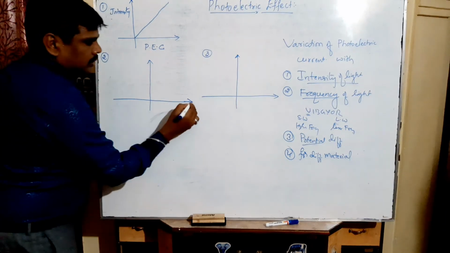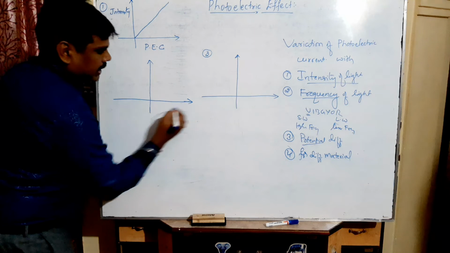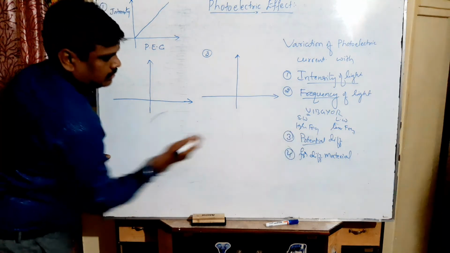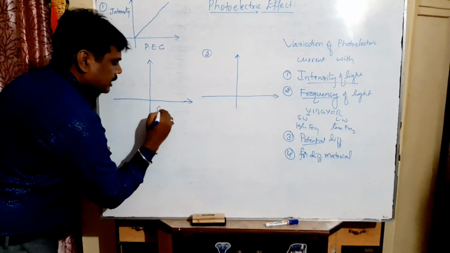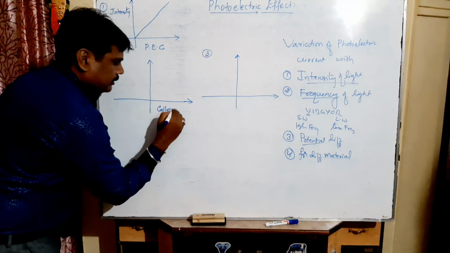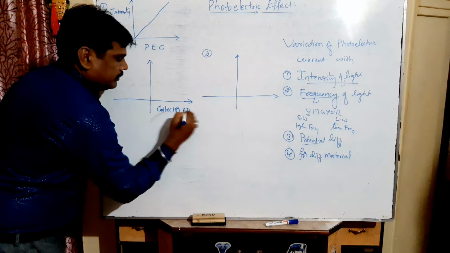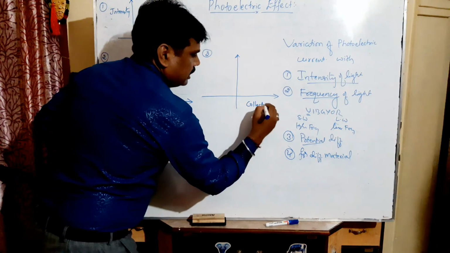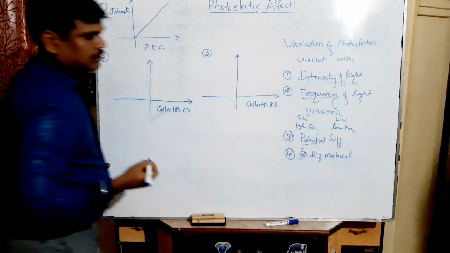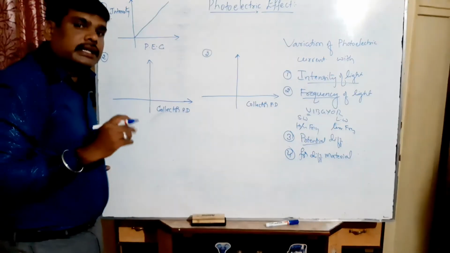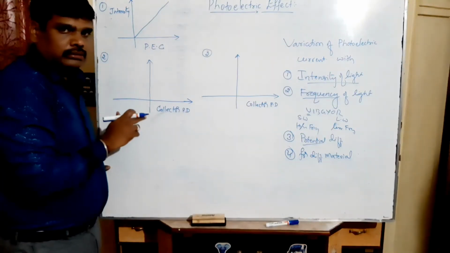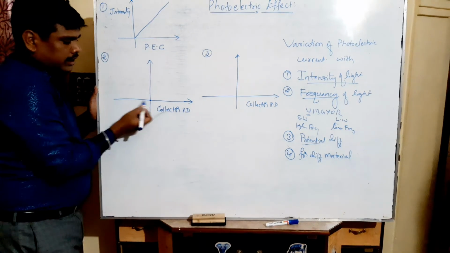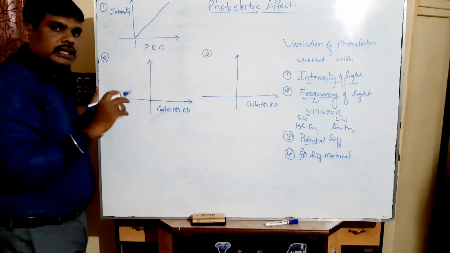Here along the x-axis I will consider the potential difference, the collector potential difference. Collector potential difference means the collector is positive and the emitter is negative. From here onwards, along the negative x-axis, you have to take the reverse of that.